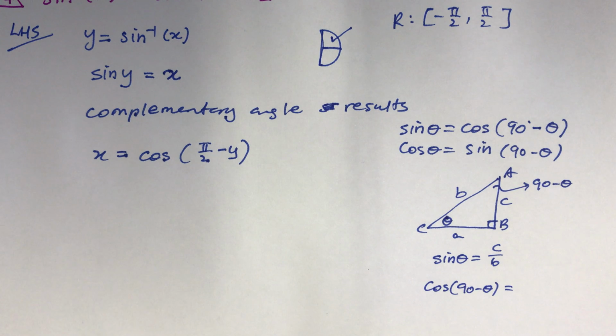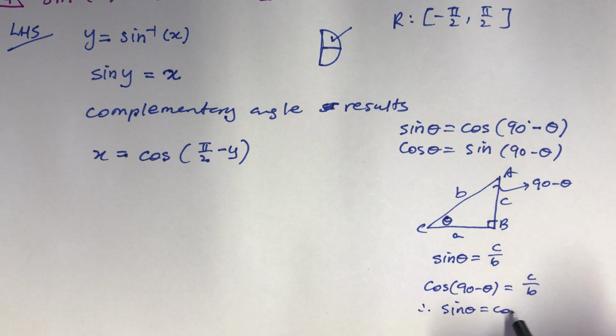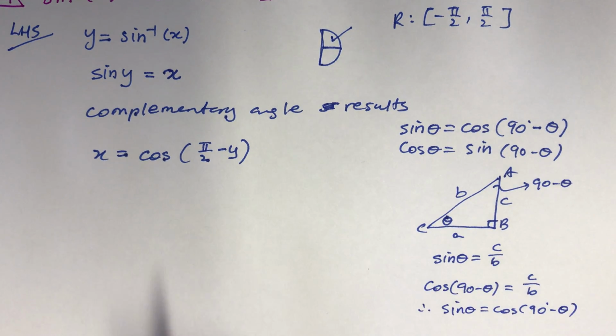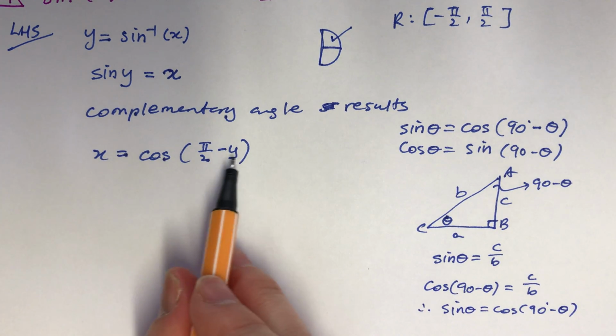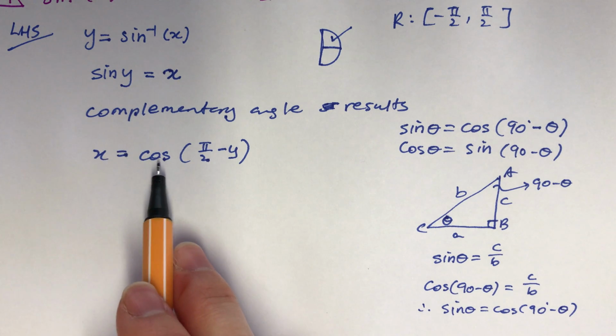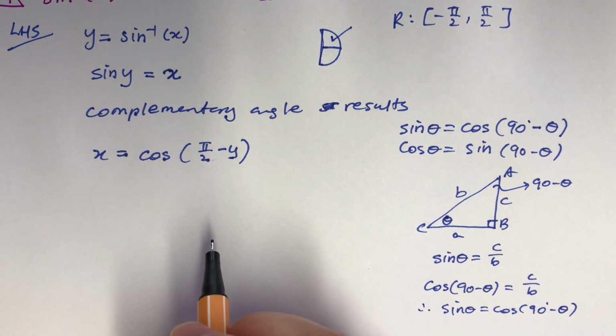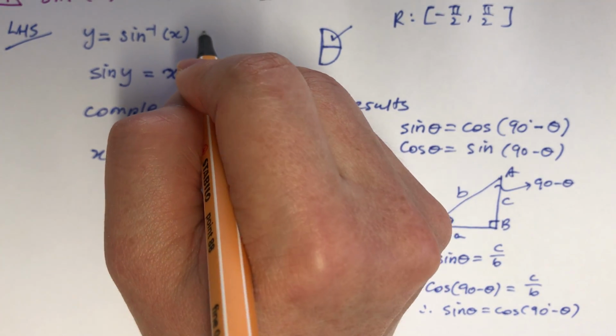If I ask you to find it, it'll be also C over B. So therefore we can say sine theta equals cos 90 minus theta. Okay, so because they're both the same. Alright, so I can say that sine y equals cos pi over 2 minus y. Okay, so that's not bad. So I'm going to go with that.